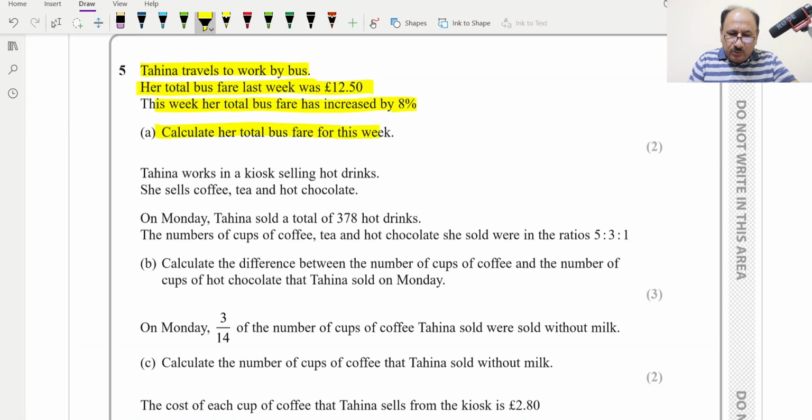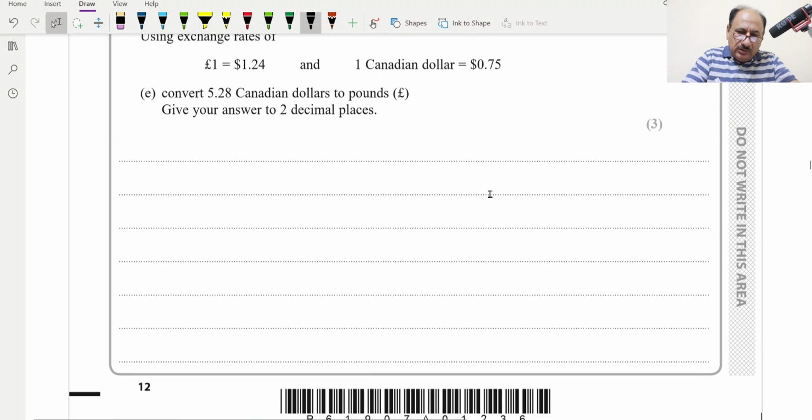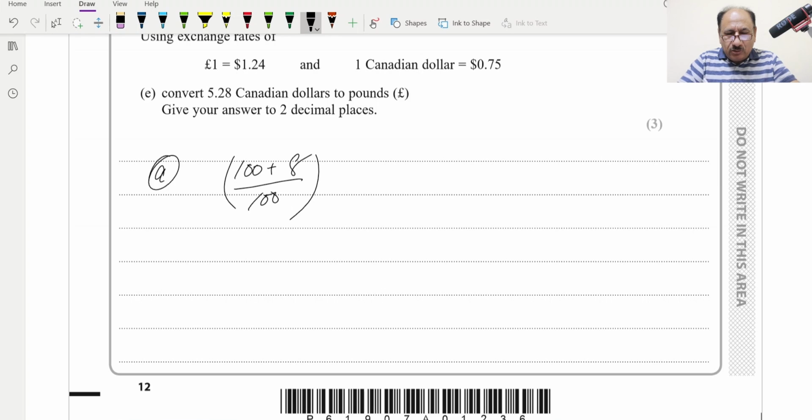So calculate her total bus fare for this week. This is A part, so we have to calculate 8% increase of 12.5. So A part will be what? 8% increase will be 100 plus 8 divided by 100, and this is how we are increasing percentage.